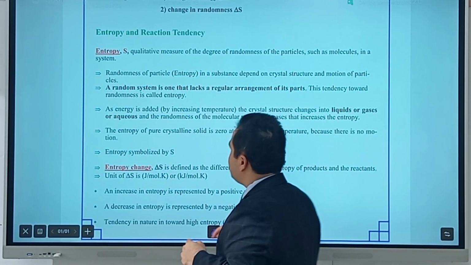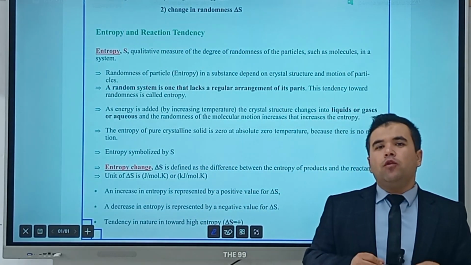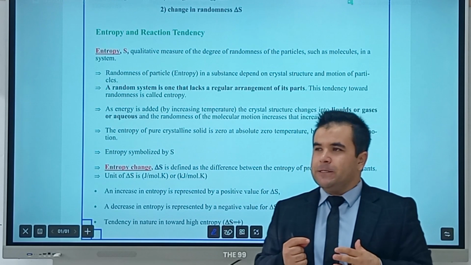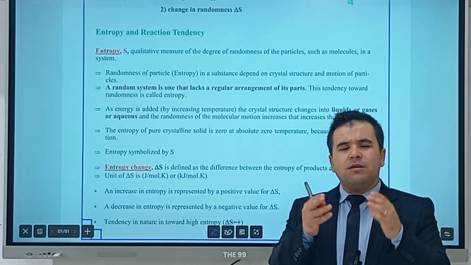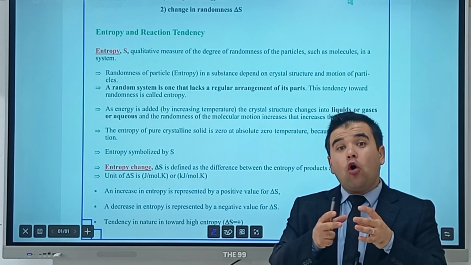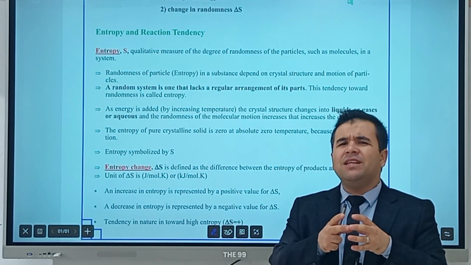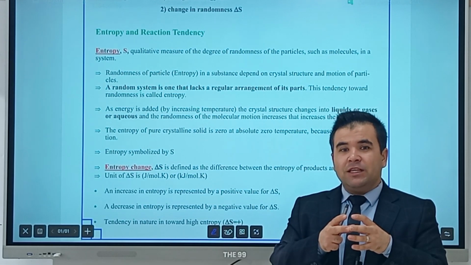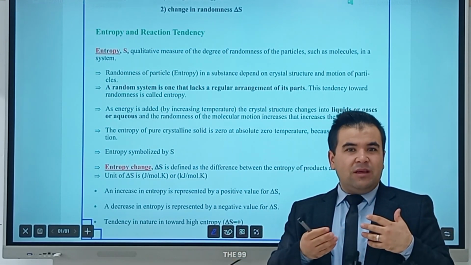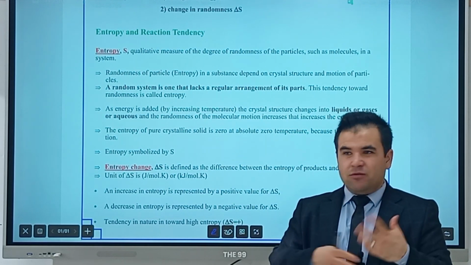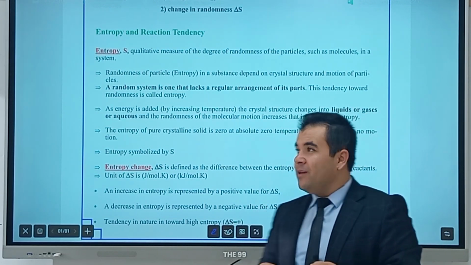Entropy and reaction tendency. Guys, entropy represents the degree of randomness of particles in a system. What do we mean by the degree of randomness? Whenever something is arranged in a well-ordered arrangement, that has the least entropy. But if particles are moving randomly, or there are disordered particles in a system, that has high entropy.